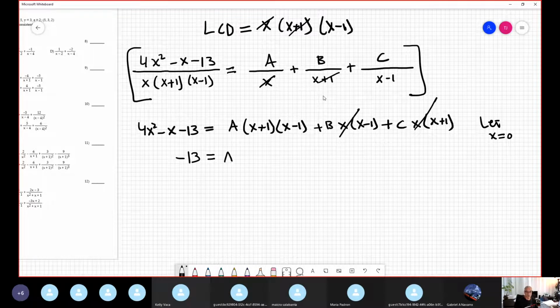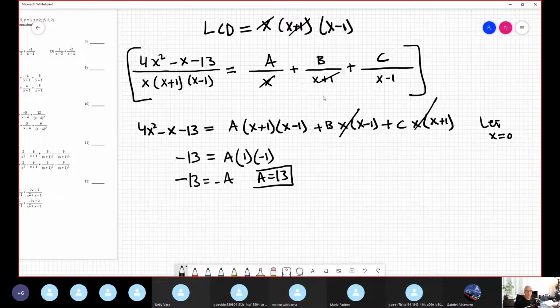And stay only A, 0 plus 1 is 1, and 0 minus 1 is minus 1. Entonces negative 13 is equal to negative A, therefore A is 13. At least I have the first value, 13. It's okay?